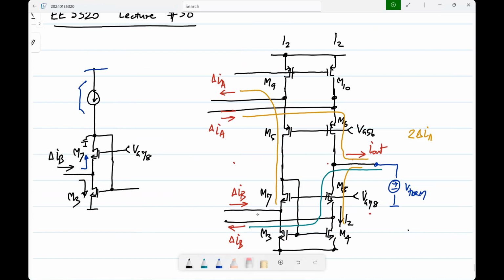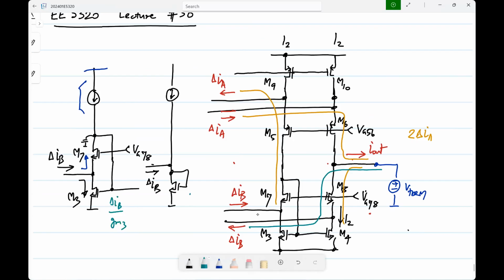Now this looks slightly unfamiliar, but if I had this without the cascode, what would happen? Where would it flow? Through M3, obviously, right? And this gate voltage would be delta IB by gm3.